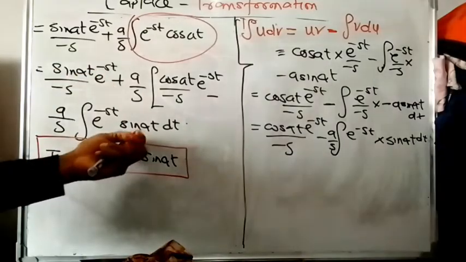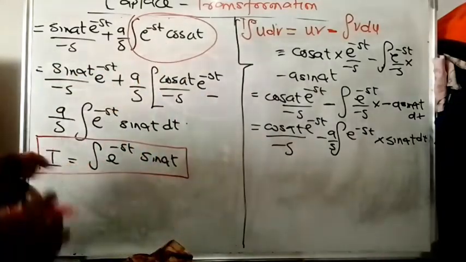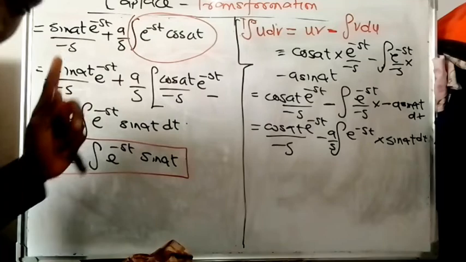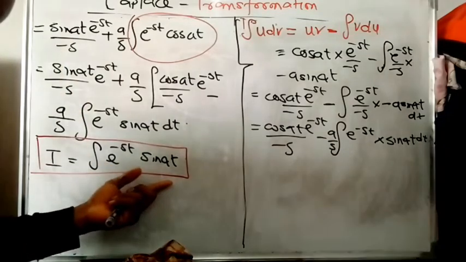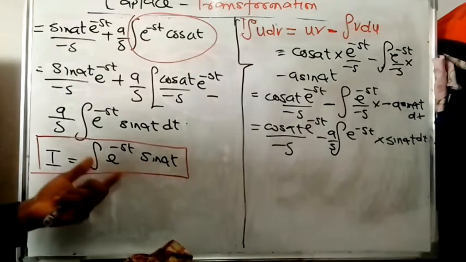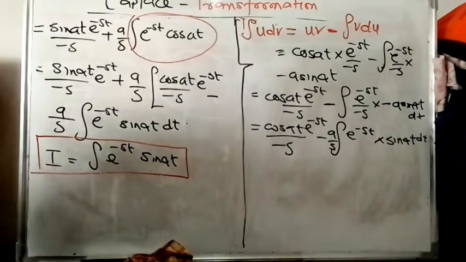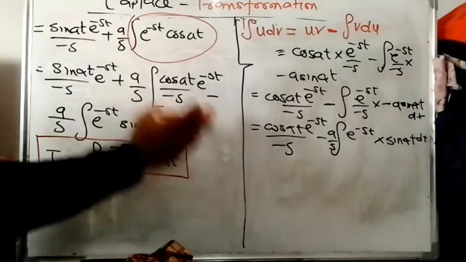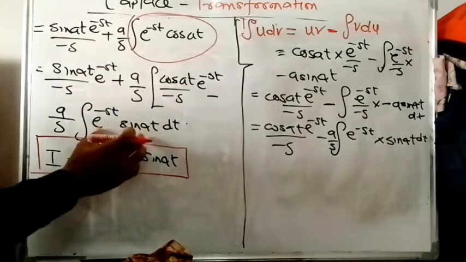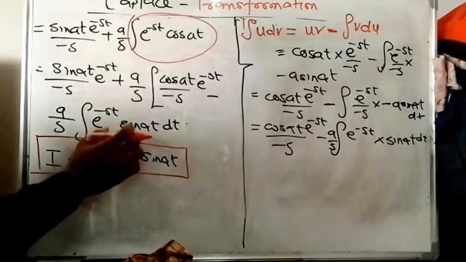Now, as you can see, this is actually repeating itself, because this is what we were integrating at first, which we said make u to be sine at and make exponential minus st to be dv. So this is what we are actually integrating.